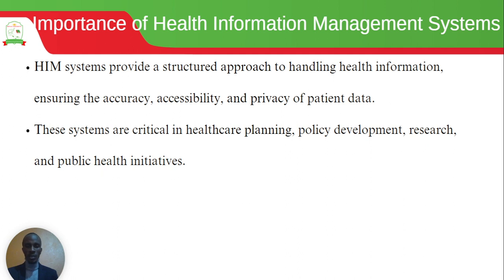Research, of course, relies heavily on secondary data instead of going into the population to collect data on, for example, maternal deaths. You can always use secondary data that is collected from these health information management systems.